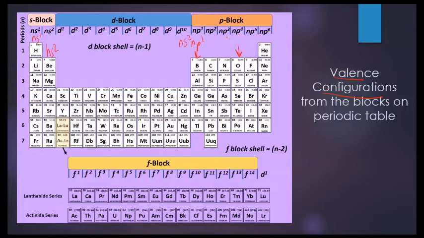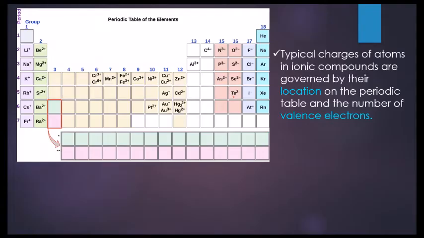The oxygen group would be ns2 np4. So if it's oxygen, it's 2s2 2p4. If it's sulfur, it's 3s2 3p4. If it's selenium, it'd be 4s2 4p4, and so forth. This is based off the periodic table is what I'm getting at.